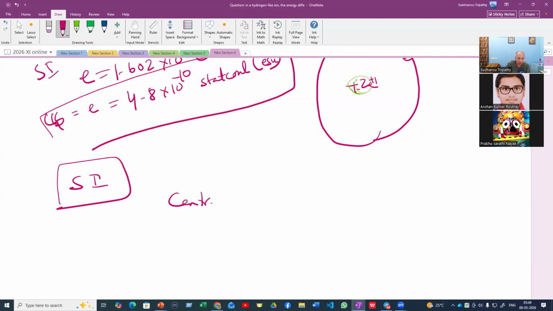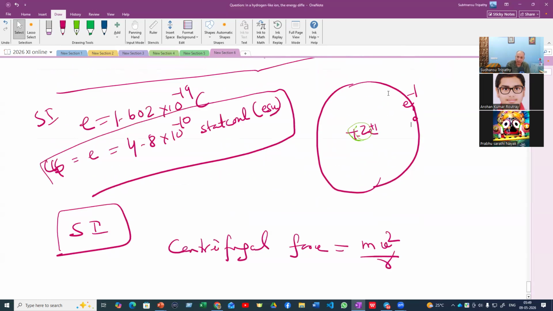Centrifugal force is always fixed, whether it is magnetic field, electric field, or gravitational field. It is always mv square by r. Any particle moving with a mass m, and r is the radius of that circular orbit, v is the velocity. So mv square by r, that is the centrifugal force, which is trying to take it away. So they are balancing. This is centrifugal force, this is centripetal force, and in this case it is the Coulombic force of attraction.